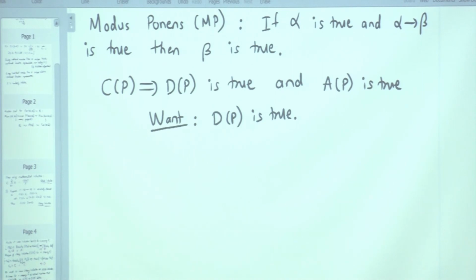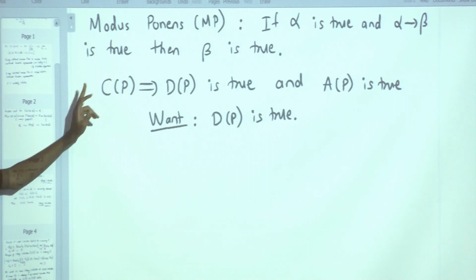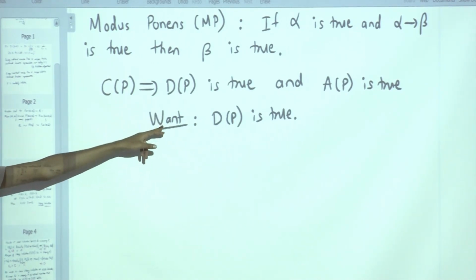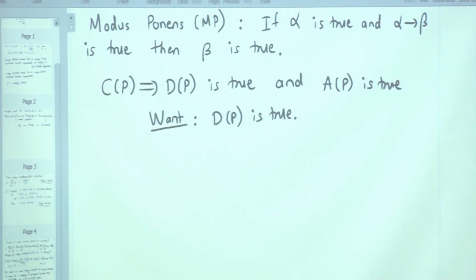Just C(P). If C(P) is true, then using modus ponens, C(P) is true and C(P) implies D(P) is true together will imply that D(P) is true. Okay. So by MP, it is enough to show that C(P) is true.